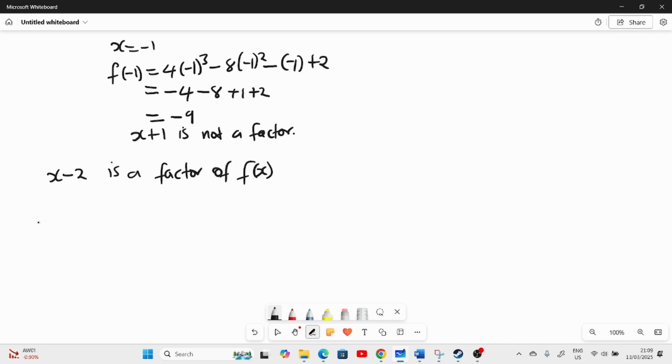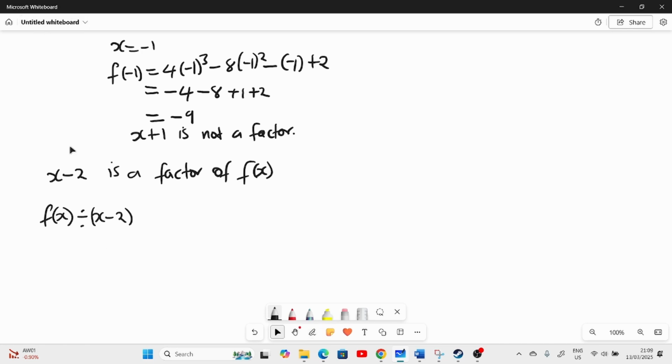So we can find other factors by dividing f of x by x minus 2. We can use the long division, we can use also synthetic division. So let's use synthetic division.